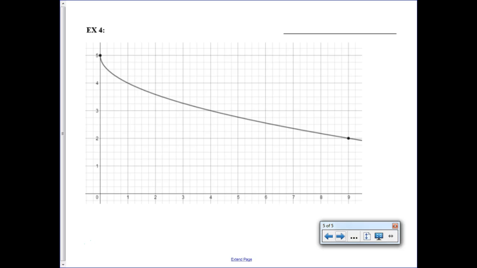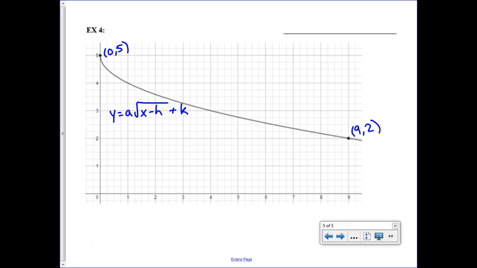So then this one looks to me like a square root, and I see that I have 0, 5 here. And another point that I have is 9, 2. So I'm going to start with y equals a square root of x minus h plus k.